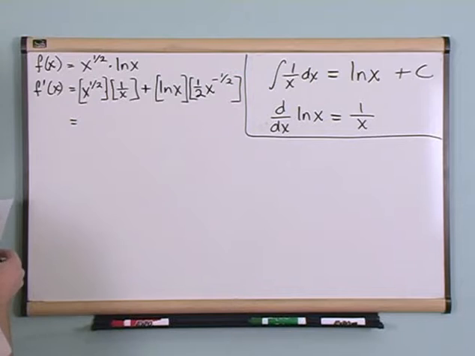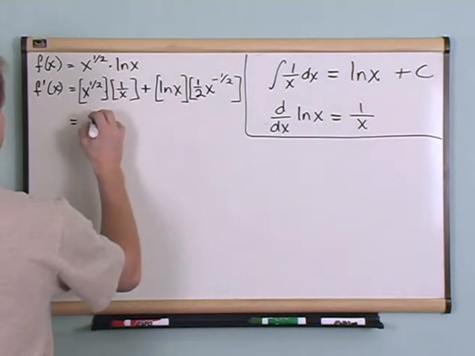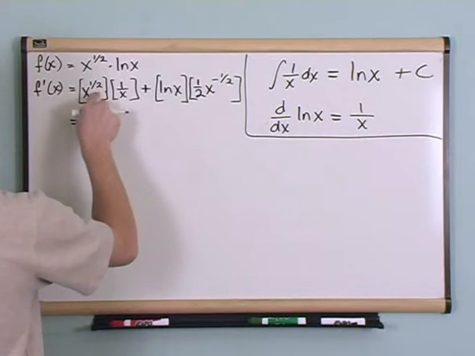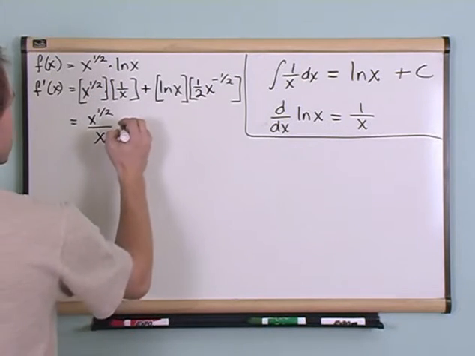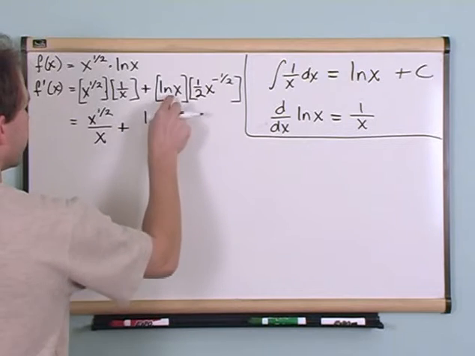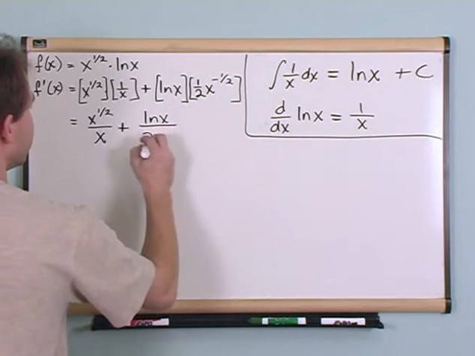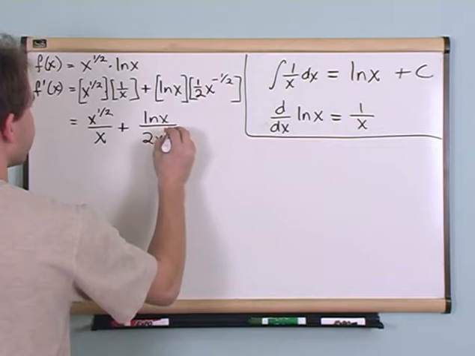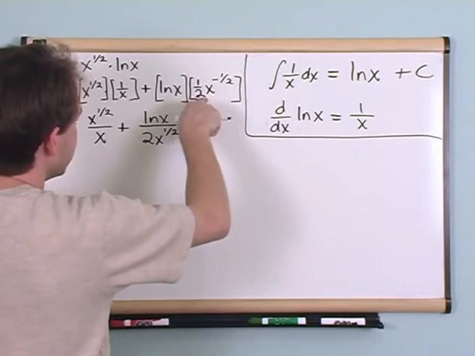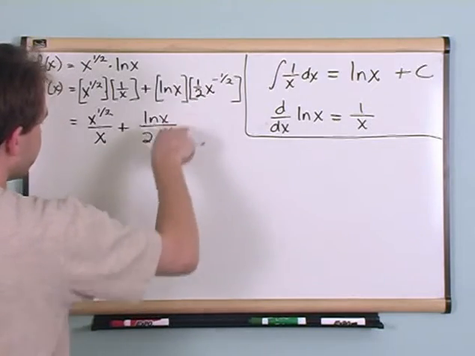So what you're going to have is x to the 1/2 over x, which would be this part here, you just multiply these two things together, plus natural log of x over 2 times x to the 1/2. And all I did was I left this on the top. This 2 is, of course, on the bottom because you're multiplying them together.